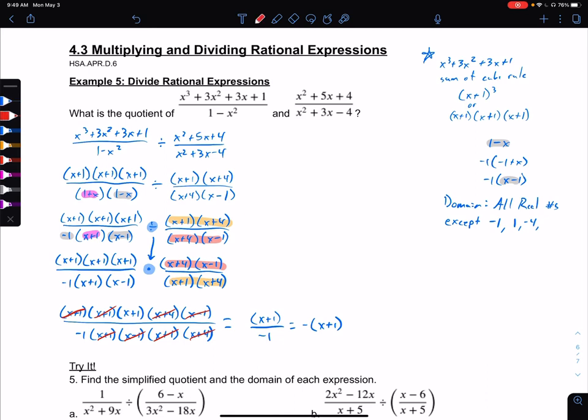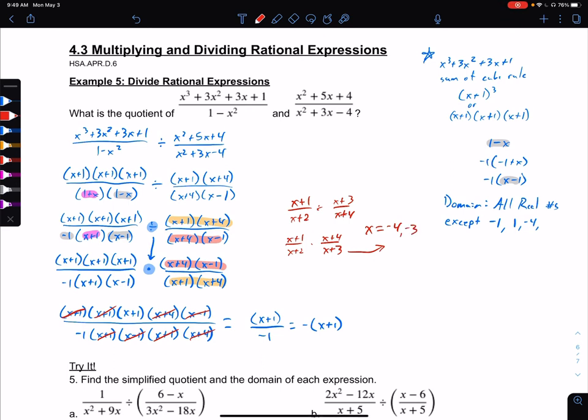As a quick example, let's say you had x plus 1 and x plus 2 divided by x plus 3 and x plus 4. So right now, x cannot equal negative 4. However, if I was to switch this, and that numerator and denominator get flipped, well, now x can also not equal negative 3.